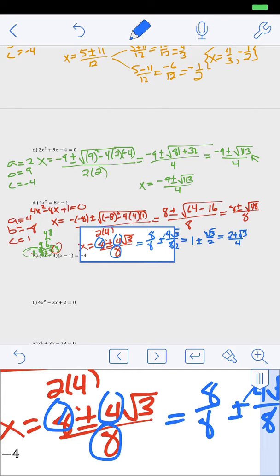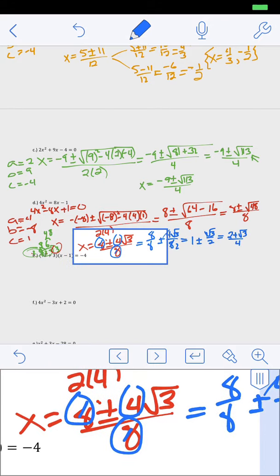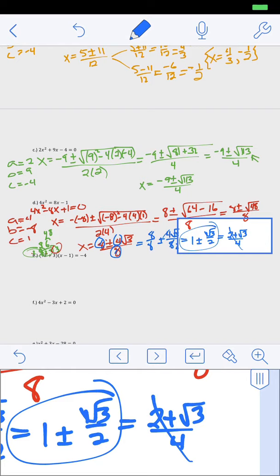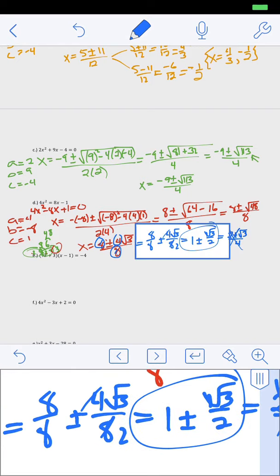The 4 would reduce that down, and that would reduce down to a 2. Yeah, divide everything by 4. Over 2. Sorry, no, over 4. Let's just go with this one. This one's fine. And that's my final answer.